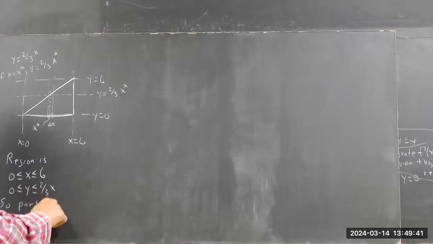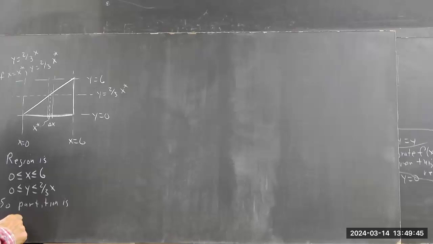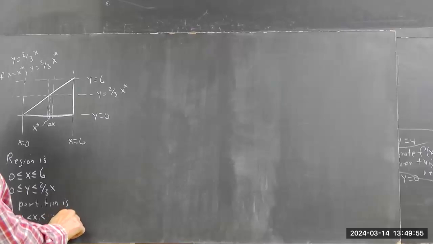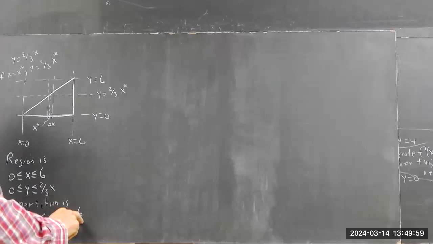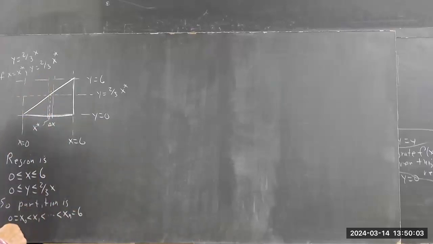Our partition is X's go from 0 to 6, our X increments go from 0 to 6, and for each X increment, Y goes from 0.